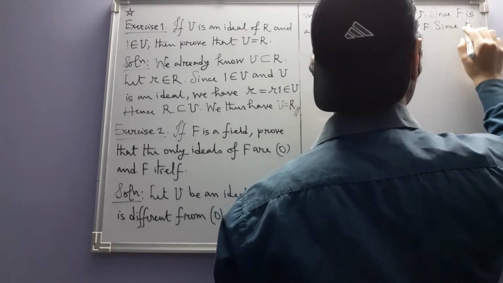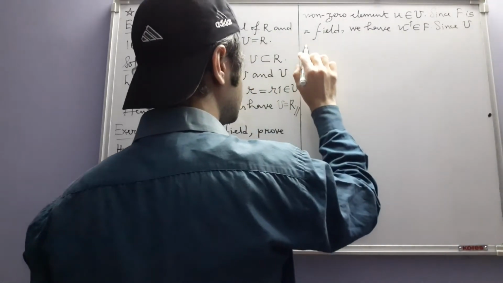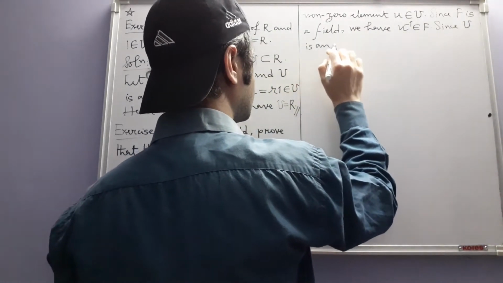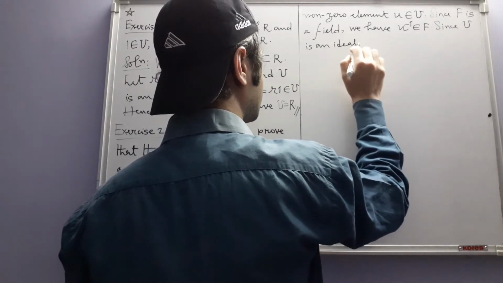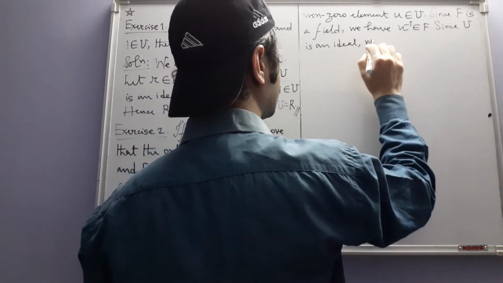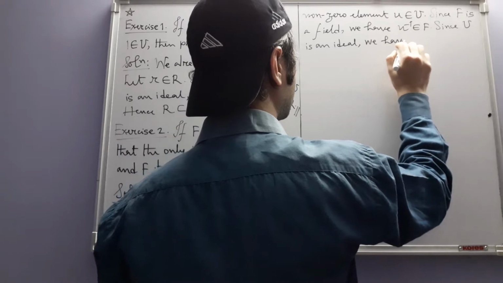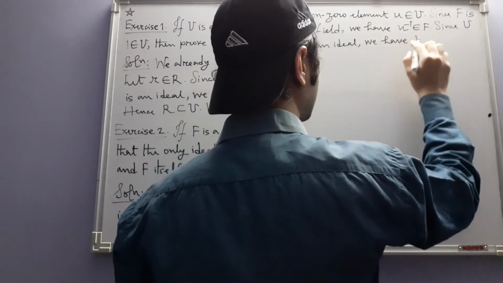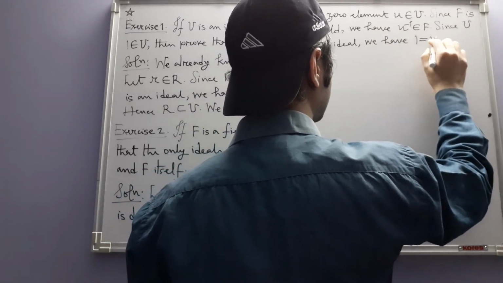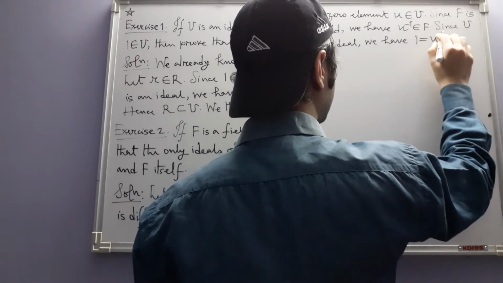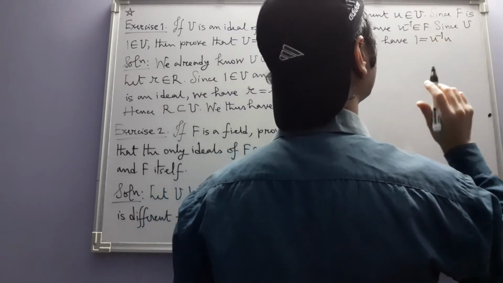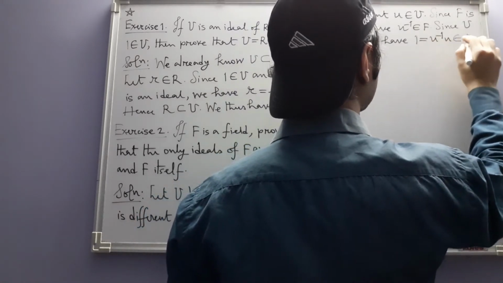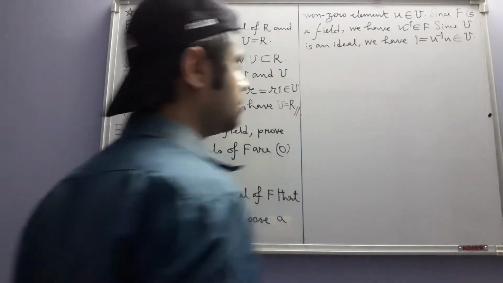Since U is an ideal, we have 1 equal to u inverse u. This belongs to U. Why?